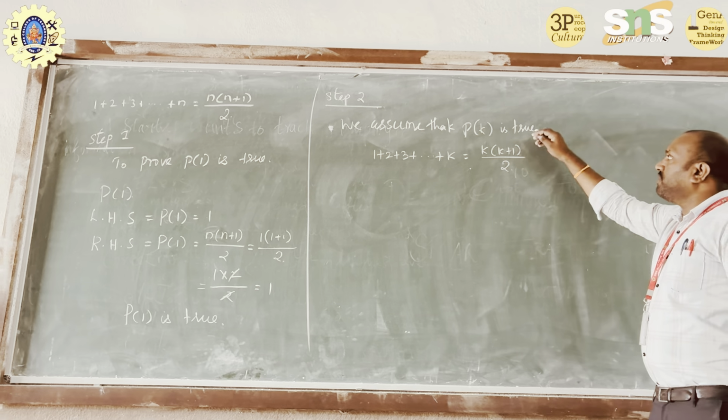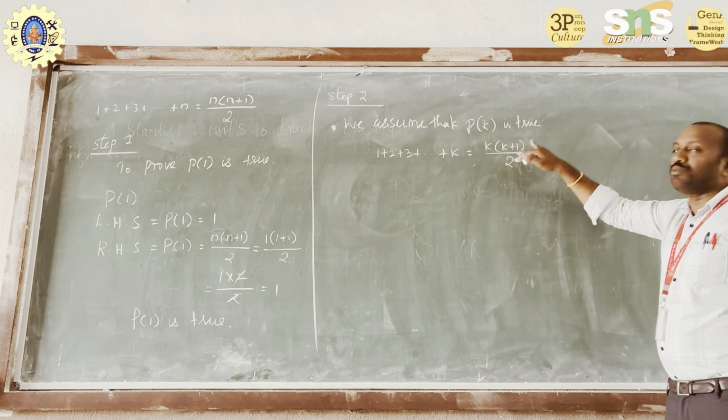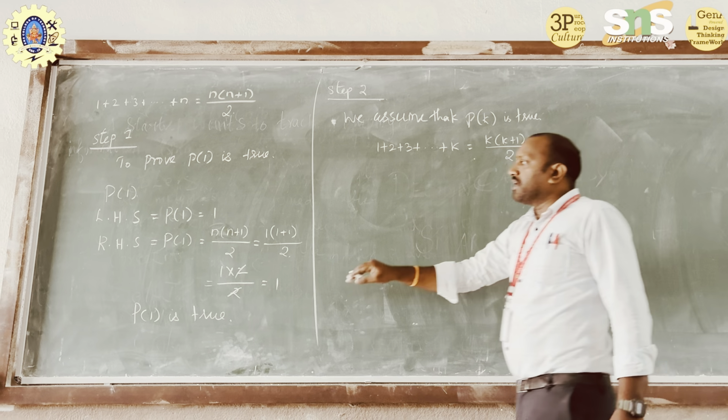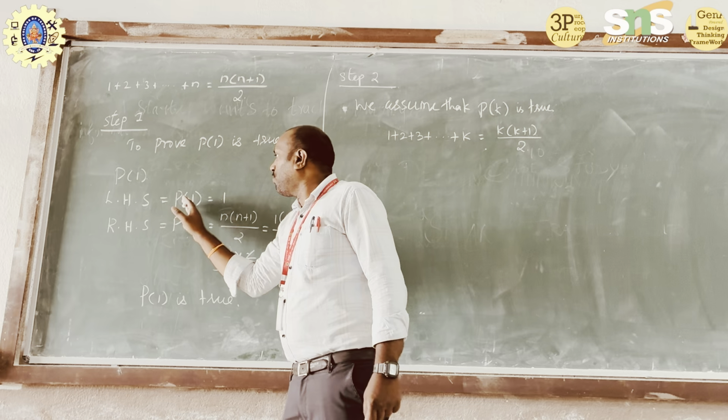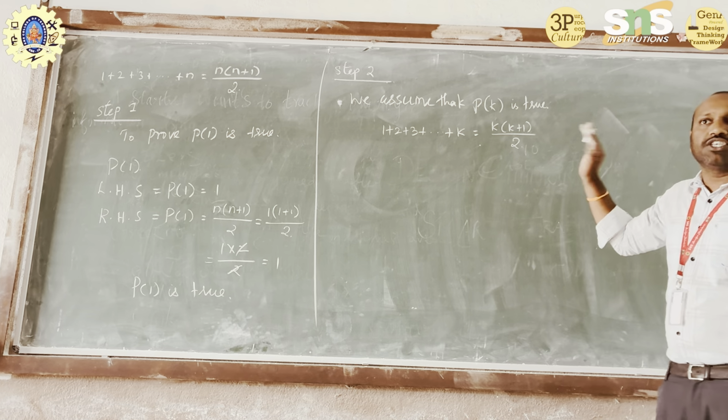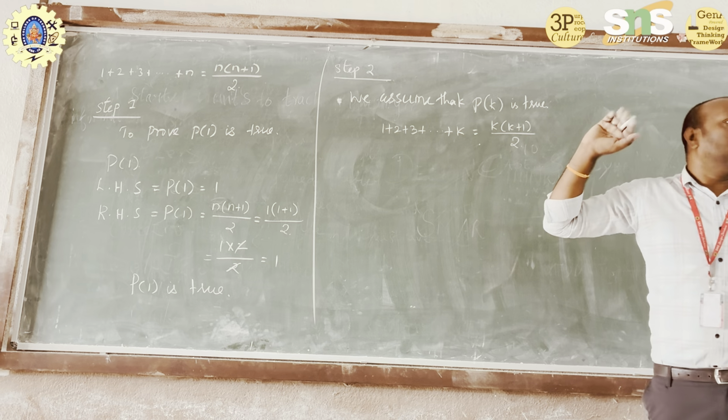In this step, we never do the proof. We are assuming it to be true because the value of P of 1 is true. Then, as per the method, we assume that P of k is also true.